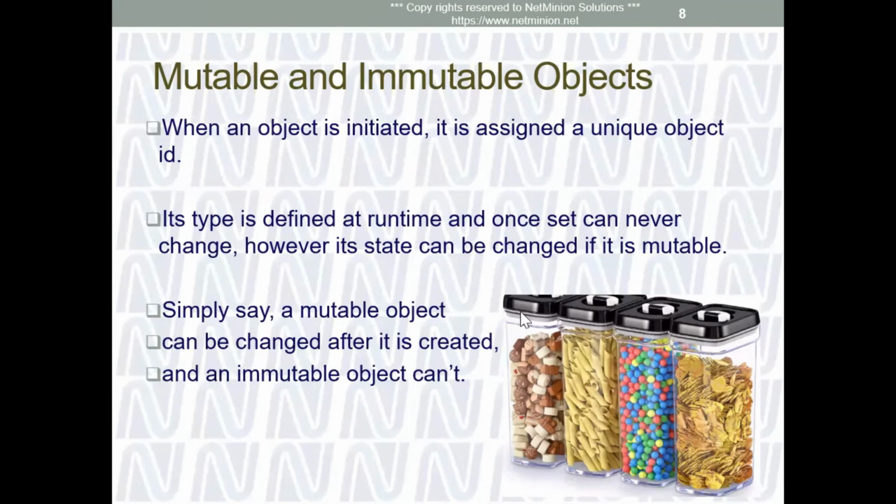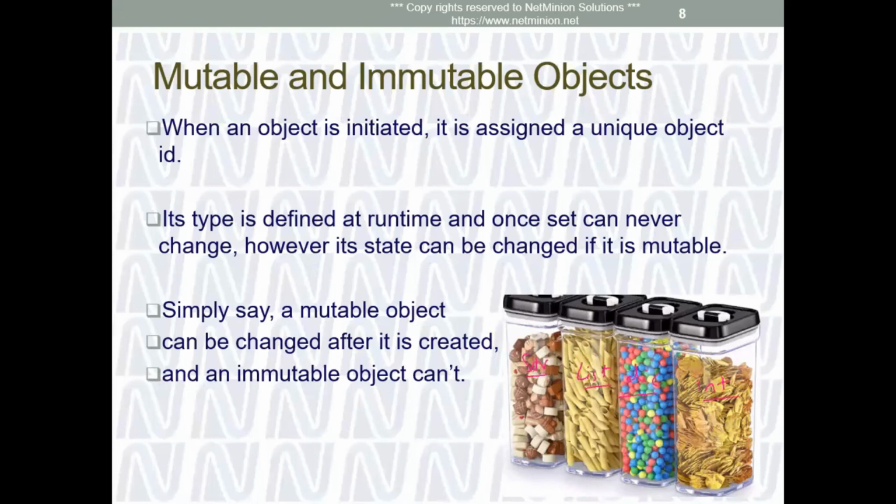Now, here you can see that variables are a bit like jars, as I was saying. These jars are variables. Let us say we have 4 variables: this is a string, this is a list, this is a dictionary, this is maybe an integer. So we have different object types.